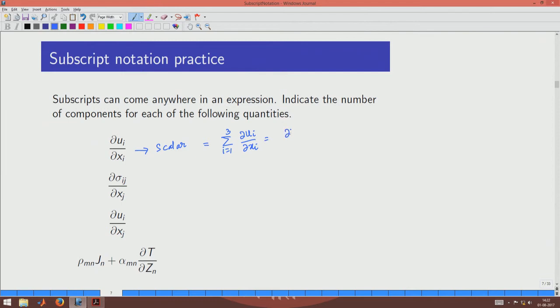which is nothing but ∂u1/∂x1 plus ∂u2/∂x2 plus ∂u3/∂x3, which is nothing but the divergence of the vector u, which is actually a scalar. So, you could see that this expression is giving you a very brief way of writing the divergence expression that is here.